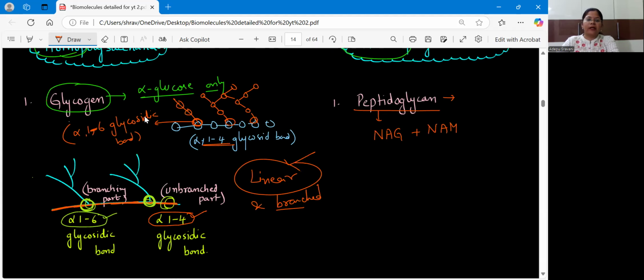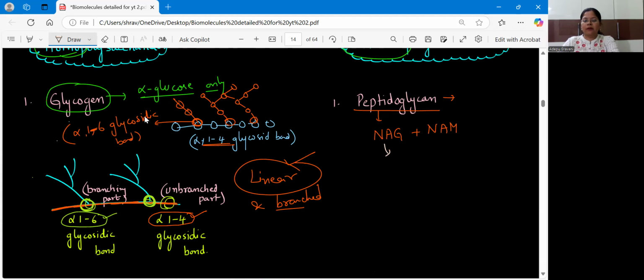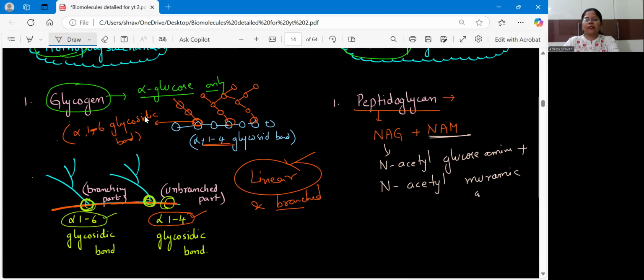So here, NAG will be N-acetyl glucosamine plus NAM, N-acetyl muramic acid. So these are the two different types of monosaccharides of which peptidoglycan is made up.